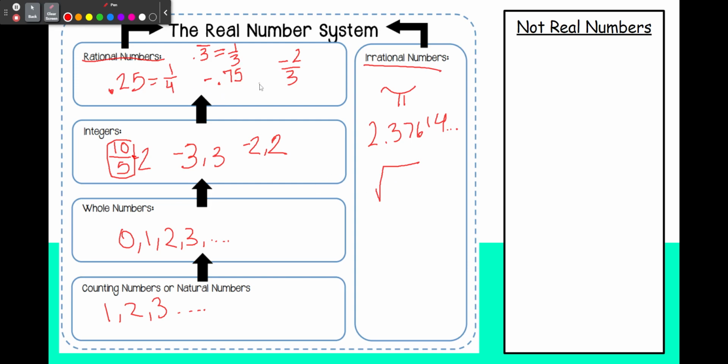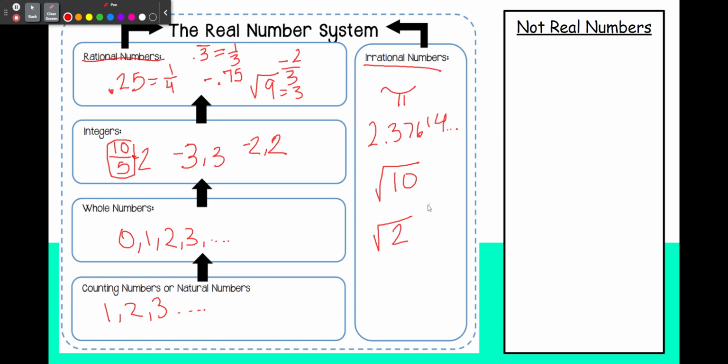Over here at our rational numbers, the square root of 9 is equal to 3. That is a rational number. However, the square root of, say, 10, there's not a number that when multiplied by itself equals 10 exactly. Are there numbers that come close? Yes. But just like we found out with the square root of 2, 10 is not a perfect square. So this is an irrational number, and that's the reason why.